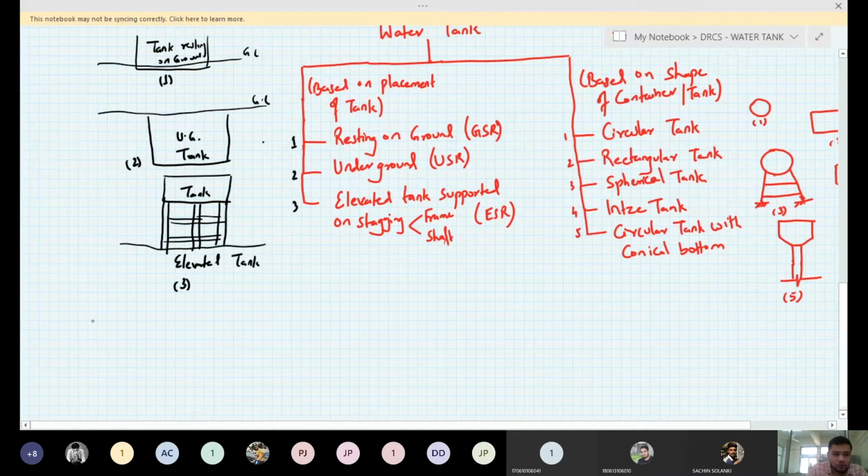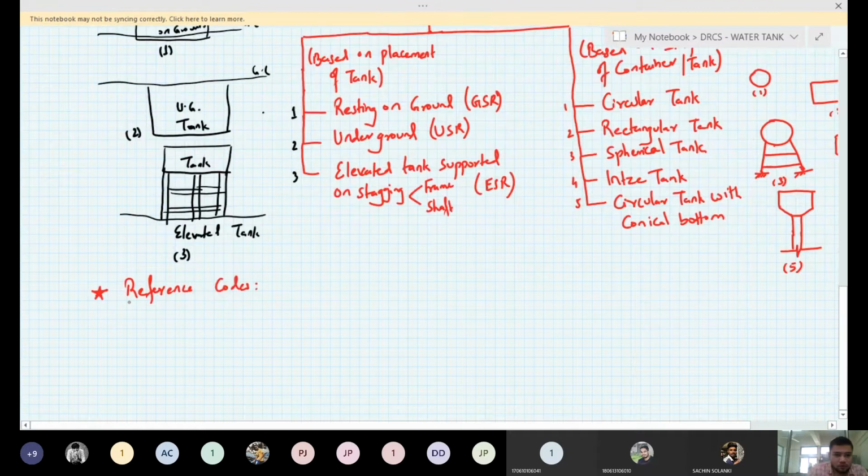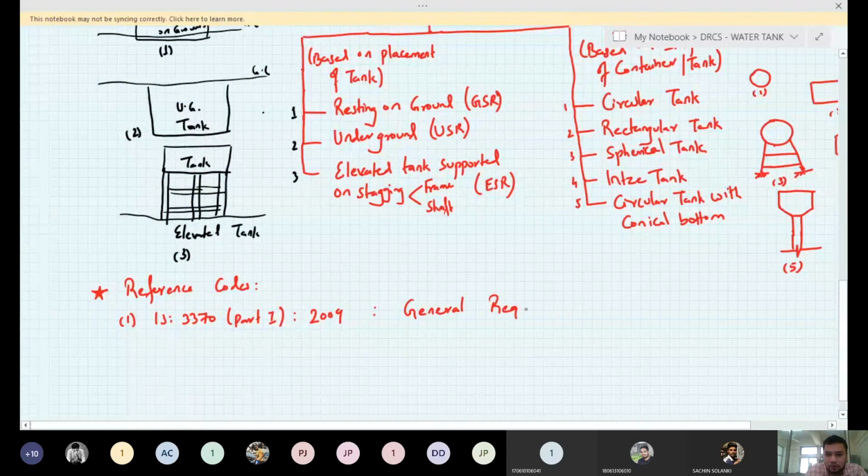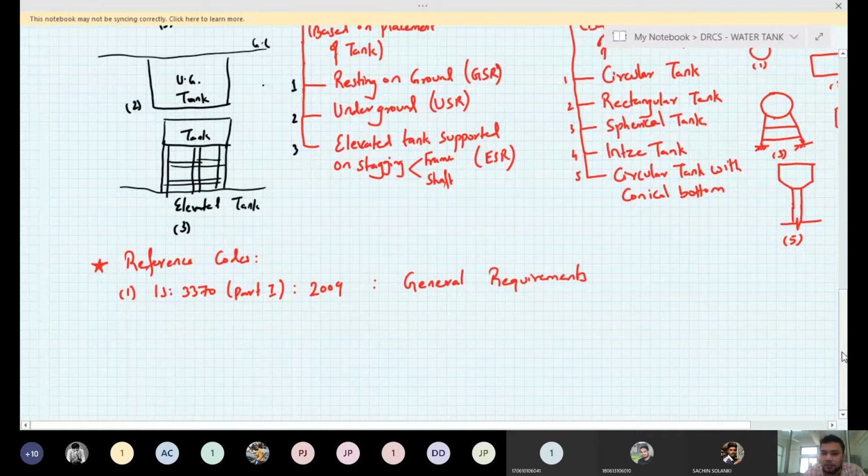The reference codes: the first one was IS 3370 part 1, 2009. That gives you general guidelines or general requirements about the design of liquid retaining structures.